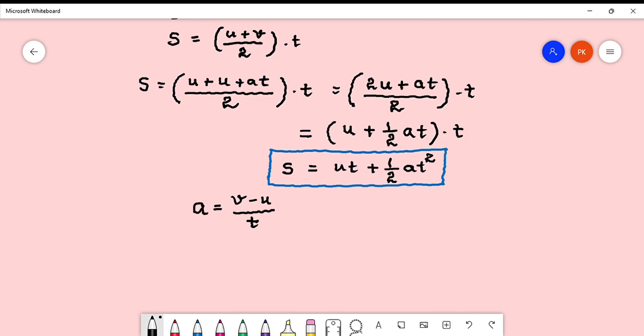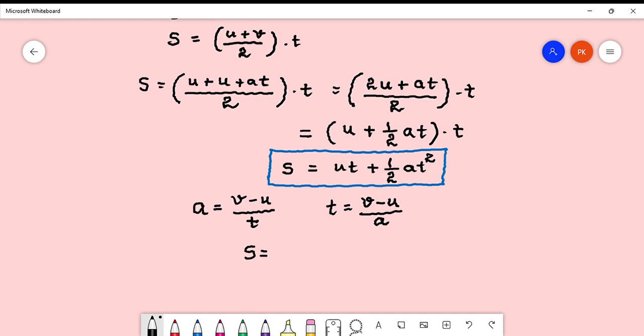Now, what I will do is, in this equation, I will make time the subject, that is T is equal to V minus U divided by A. I made T the subject and I am going to substitute this again in the equation of displacement.